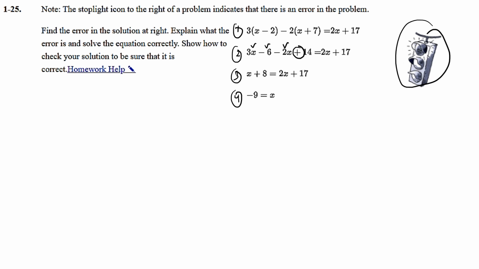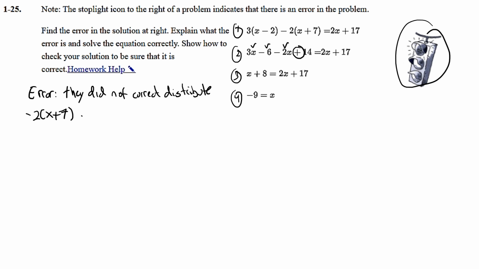And so the error is, they did not correctly distribute negative 2 times x plus 7.